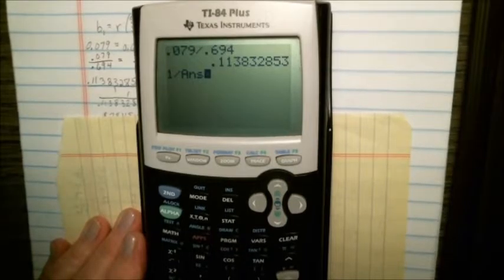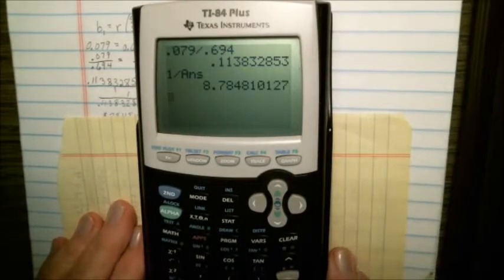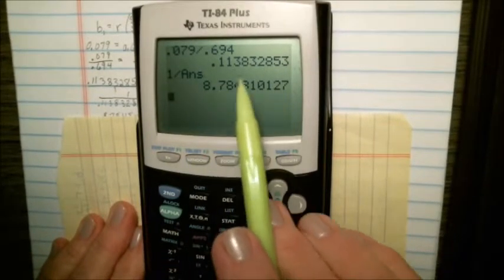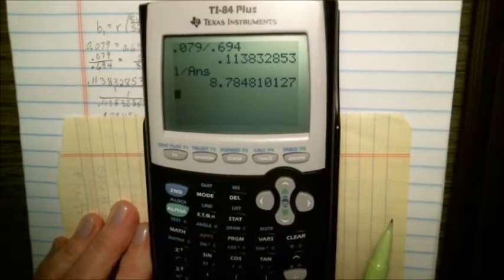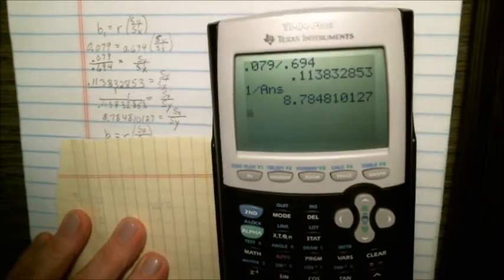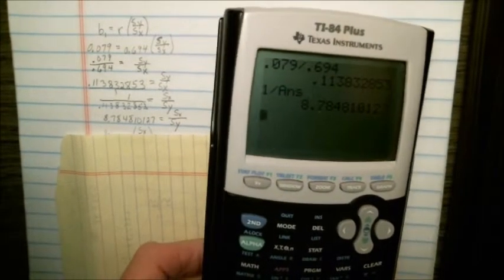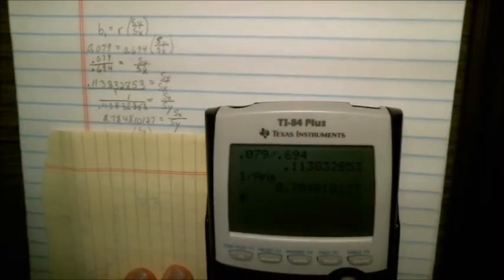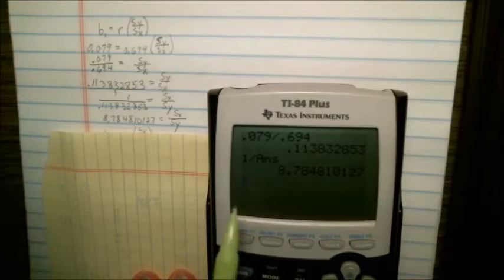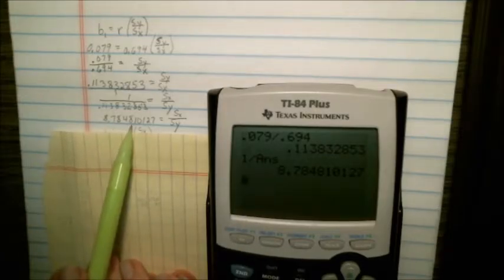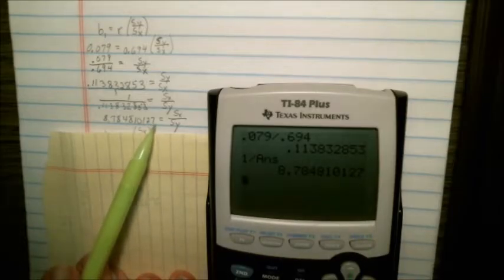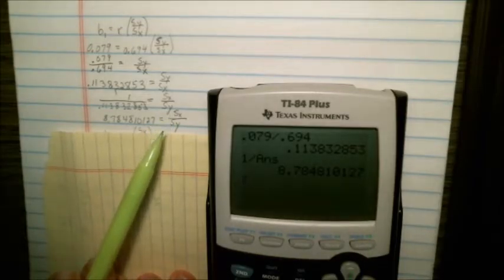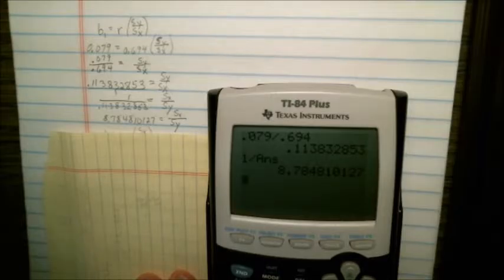If we press enter, we get the result of 1 divided by the value we got in the previous part of the problem, and therefore we have 8.784810127, which equals the standard deviation of x over the standard deviation of y.